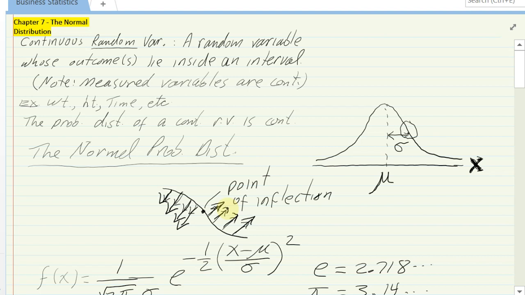Coming from this direction, it looks like the curve is bending downward, and going the other direction, it's bending upwards. So the point where these up and down arrows meet, which is right in here, that point is called a point of inflection, where the concavity or the curvature of the curve actually changes. Okay, so that's what those are.